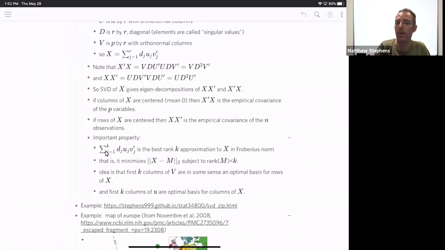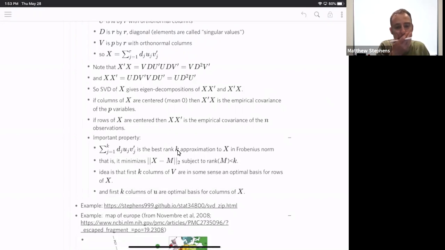So if you take K equals 1, if you just take the first U and V and multiply it by the corresponding D, you get the best rank 1 approximation to X. And when you add in the second one, the first one plus the second one, you get the best rank 2 approximation to X. When you add in the third one, you get the best rank 3. So it's a very nice hierarchical structure where you get the best rank K approximations nested.